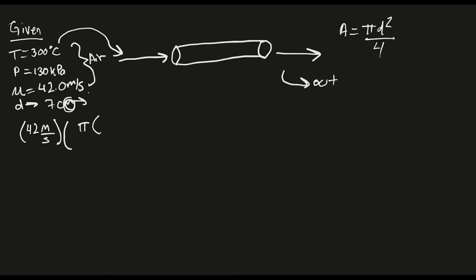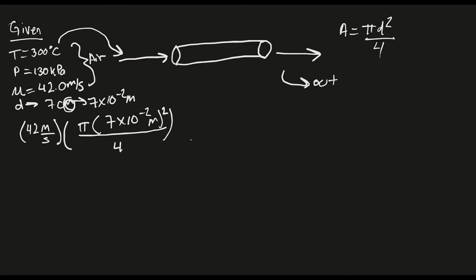So what's centi? That's 10 to the negative 2. So it's 7 times 10 to the negative 2 meters. That's something you have to memorize. If you don't have that memorized, just Google it. So 7 times 10 to the negative 2 meters, right? And then square it, because we said it's squared. And then you divide that whole thing by 4.